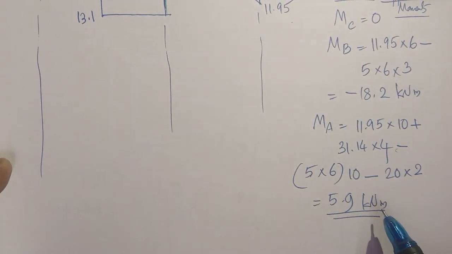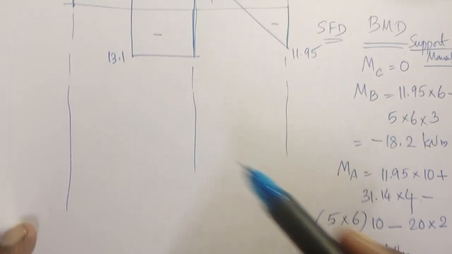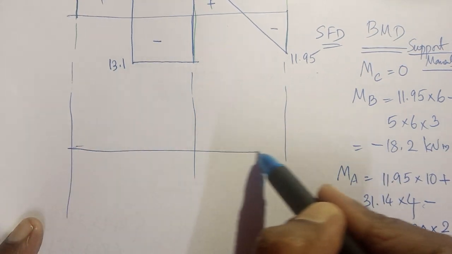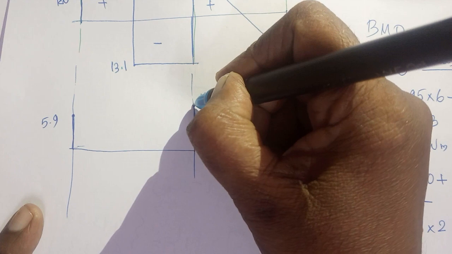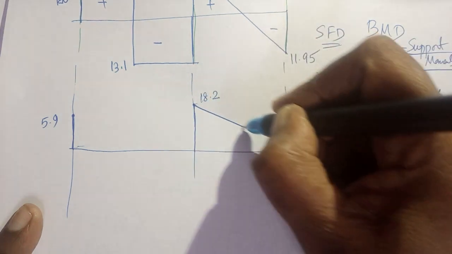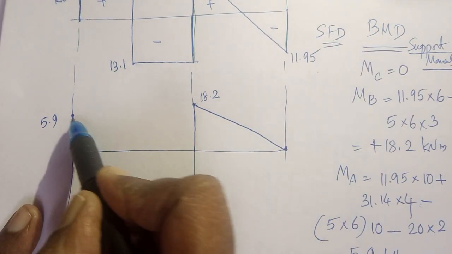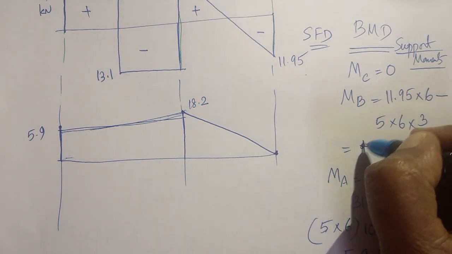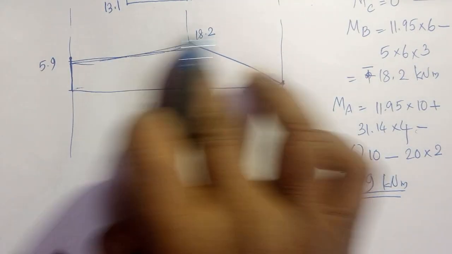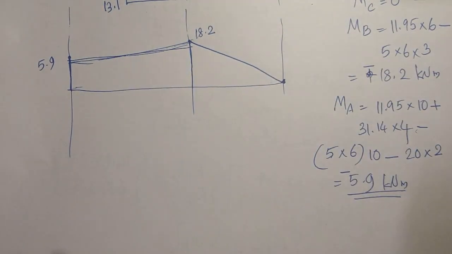So we have got the bending moment values at the supports. Now you draw the bending moment diagram. Draw a horizontal line. Moment at support C is 0. If this is negative, this will also be negative. All these moments are negative, meaning hogging moment diagram. Support moment is a hogging moment.